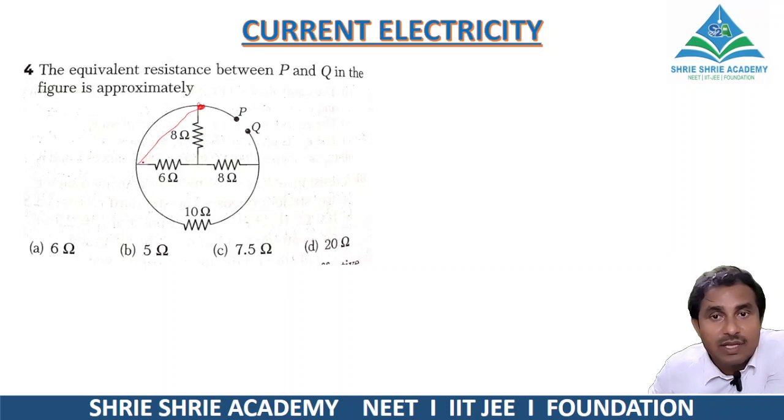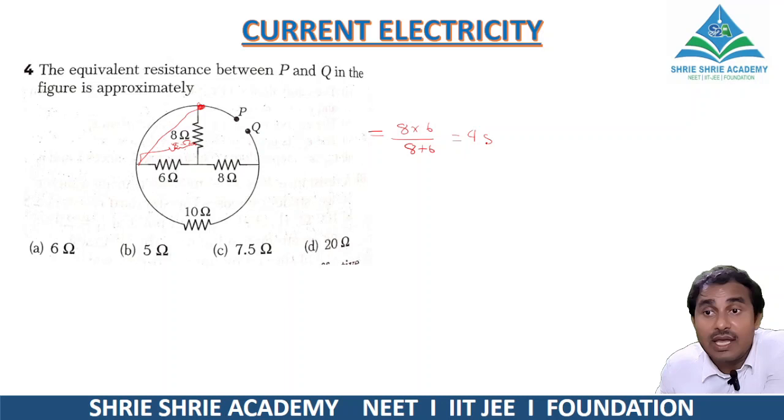So when you shift this point to here, this 8 ohm and 6 ohm become in parallel connection. In that condition, R1 R2 by R1 plus R2, 8 times 6 are 48, 48 divided by 14 you get for this. So actually you get parallel connection 8 into 6 by 8 plus 6.